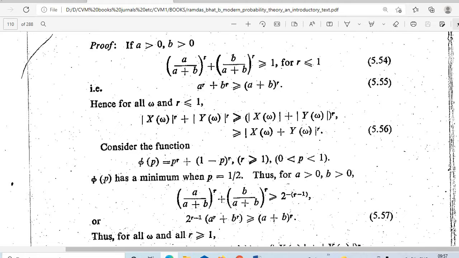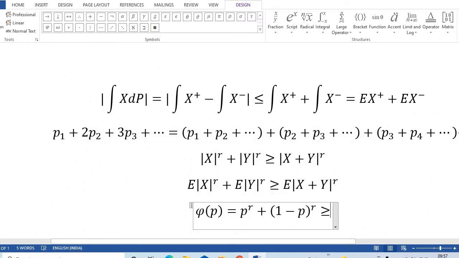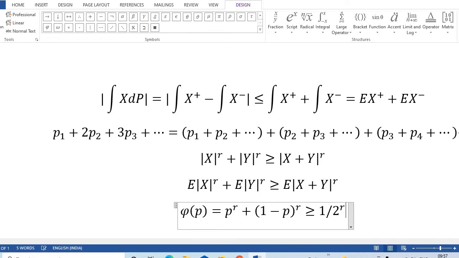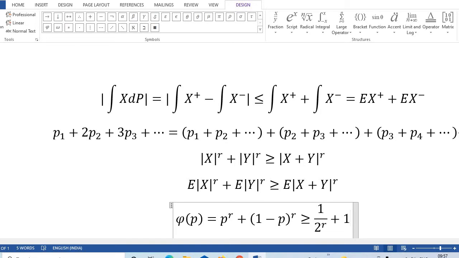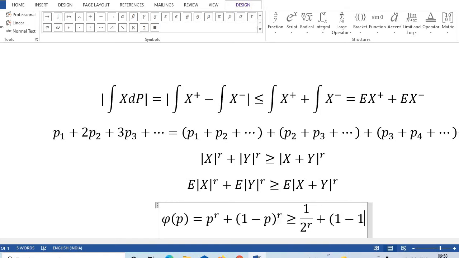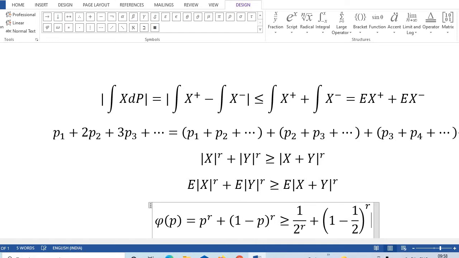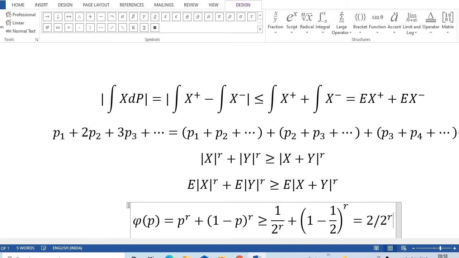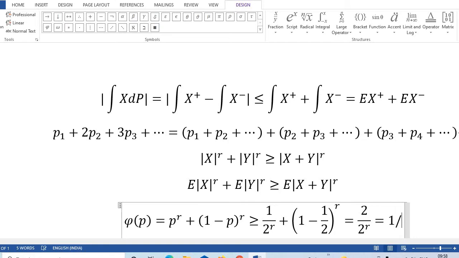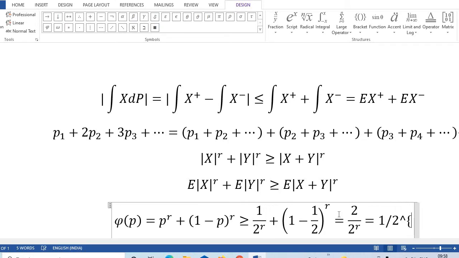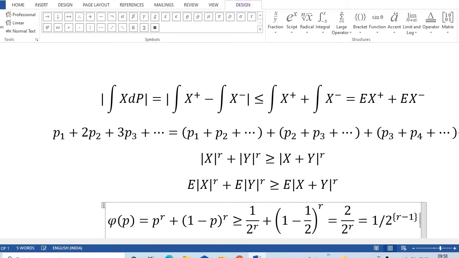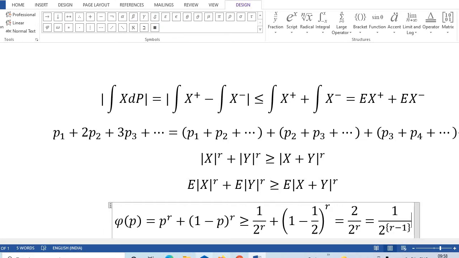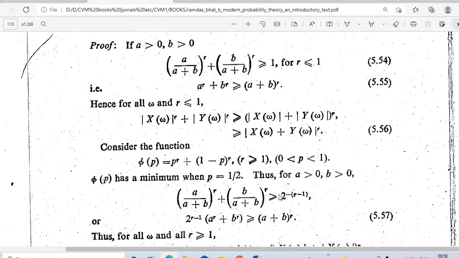So 1 by 2 raised to r plus again 1 by 2 raised to r, which is 1 by 2 raised to r plus 1 minus 1 by 2 raised to r, that is equal to 2 by 2 raised to r, that is equal to 1 by 2 raised to r minus 1, that is 2 raised to minus r minus 1. So that is given here.